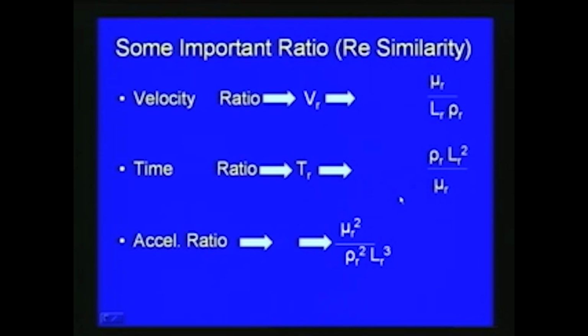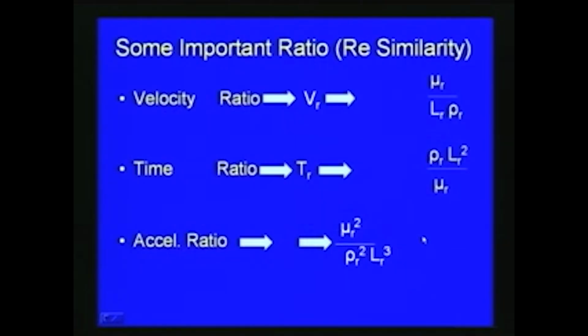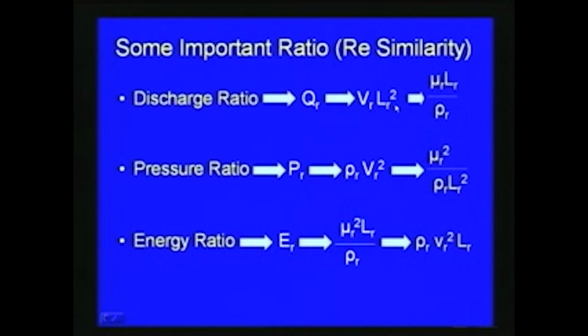So, all these parameters we are deriving with respect to this Reynolds model law, and r corresponds to the scale ratio. In a similar way, if you consider the discharge with respect to the model and the prototype, we can derive the scale ratio as mu r Lr by rho r, since discharge is equal to Vr into Lr square.